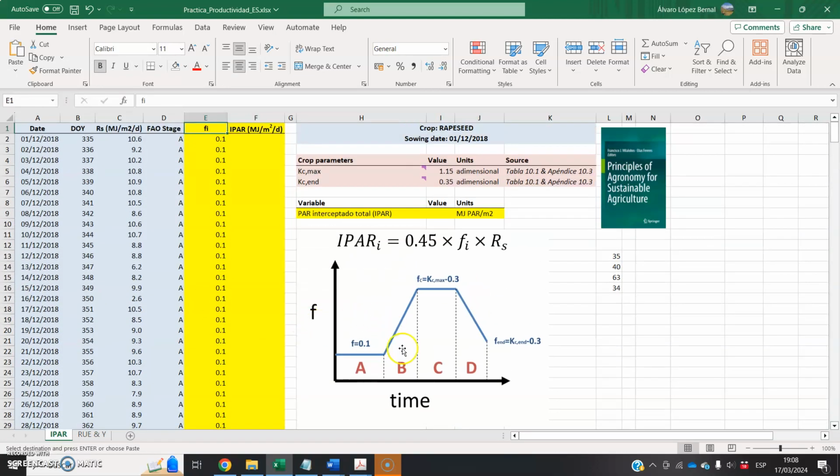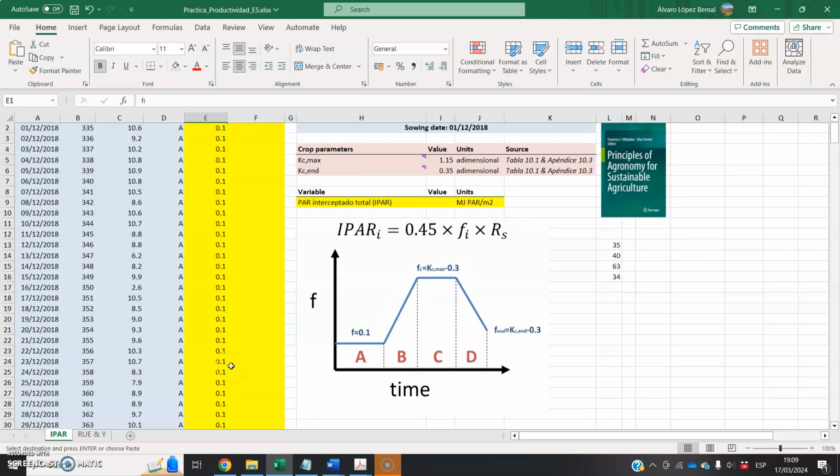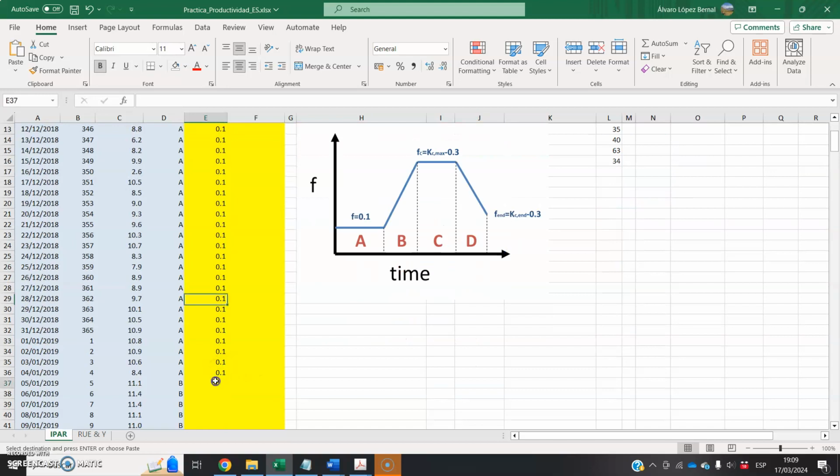Finally, in stages B and D, we will have to interpolate linearly, because the fraction of intercepted radiation will be either increasing or decreasing as time goes by in the stage. In the case of stage B, it takes 40 days.